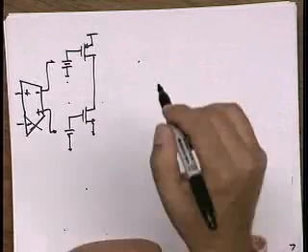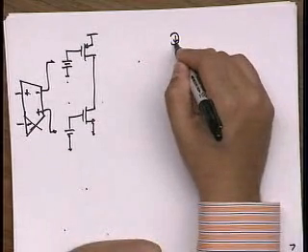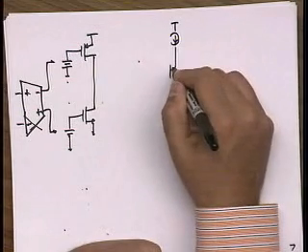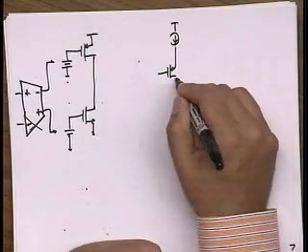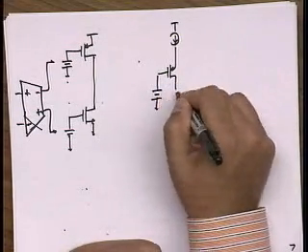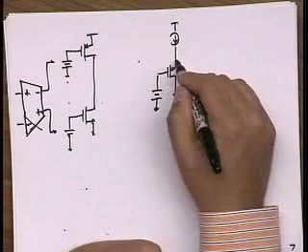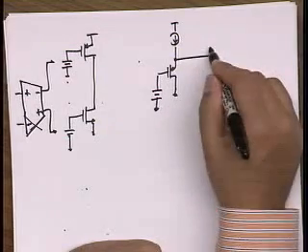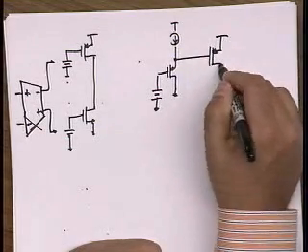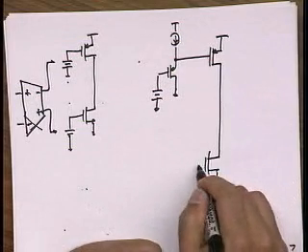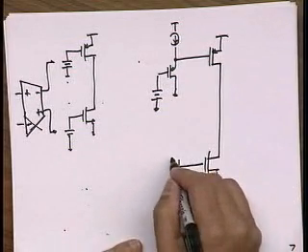So, to try something like this, you could say, okay, let me use a follower to buffer this low impedance. So this low impedance, I buffer it with a follower that has reasonable output impedance. This is my output stage. And do the same thing over here. Use another follower.